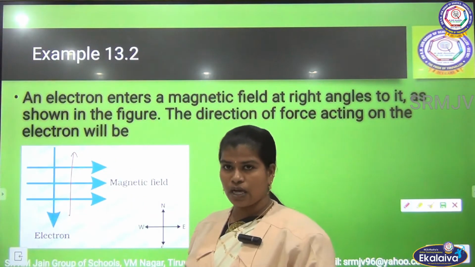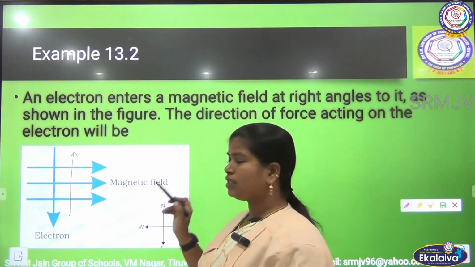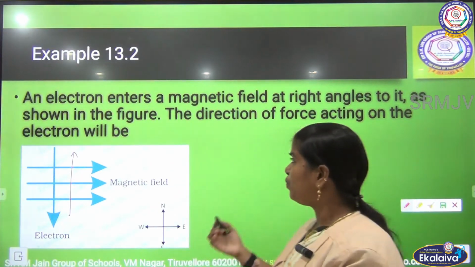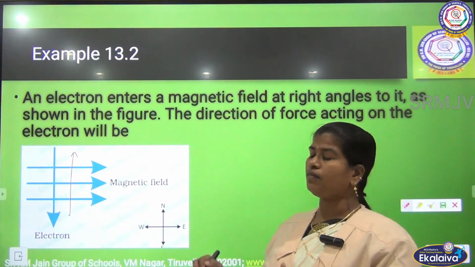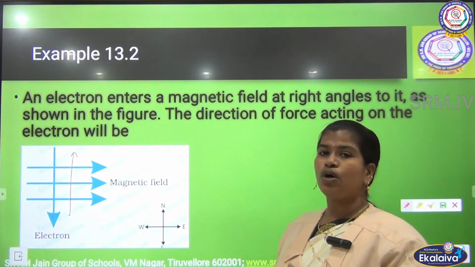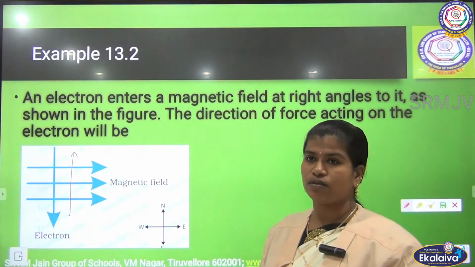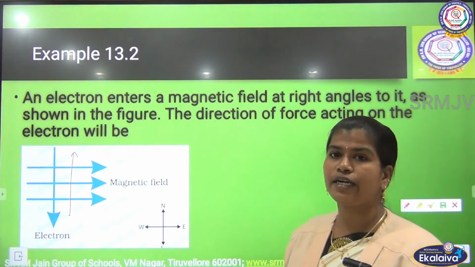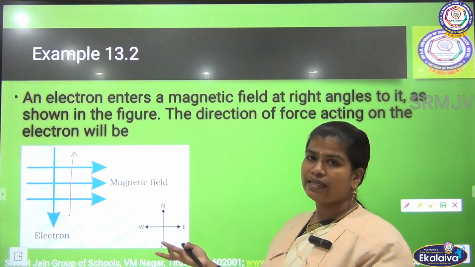So when current flows up and the magnetic field is on this side, what would be the direction of the force exerted here? According to that you have to keep your left hand. By using Fleming's left hand rule we can find the answer for this.